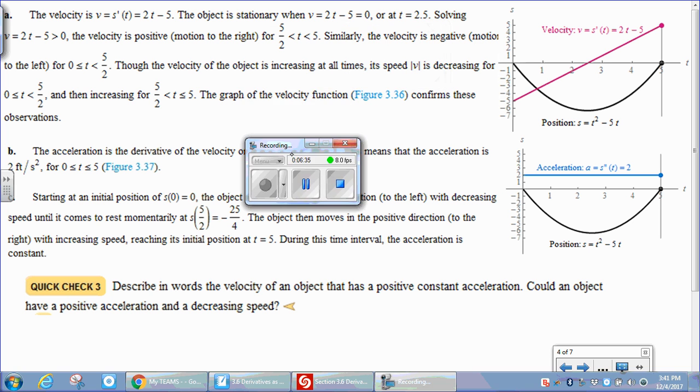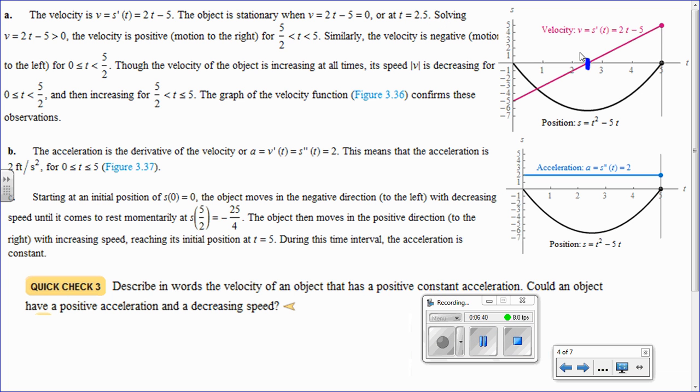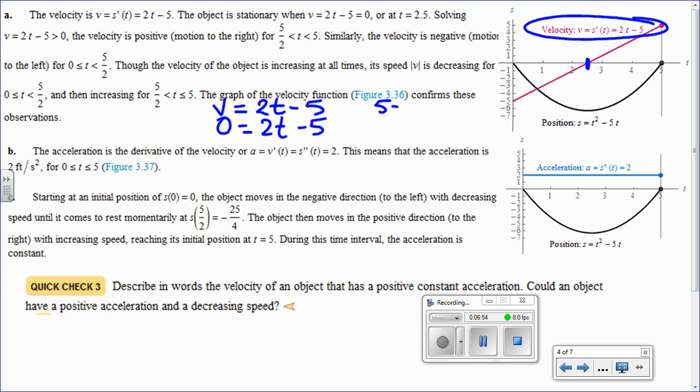If we take the derivative and set it equal to 0, the velocity equals 2t minus 5. If we set the velocity to 0, then we solve for t, and we get 5 equals 2t, so t is equal to 5 over 2. So it's either 5/2 or 2.5 seconds, which is right here, 2.5. And at that precise time, the velocity was 0.